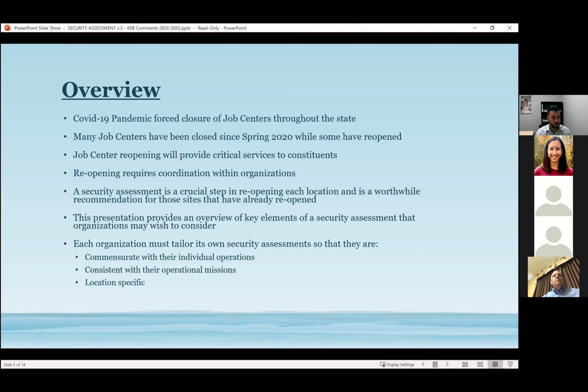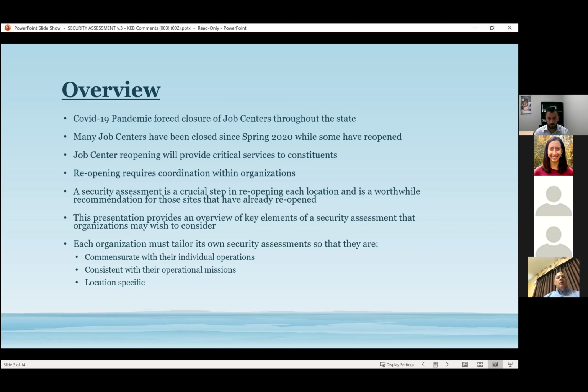The notice indicated that some American Job Centers required CMS security assessment because these locations were leased by the state and/or had state employees at these locations. Some American Job Centers that are not leased by the state and that do not have state employees on site are not required to have a CMS conducted assessment.